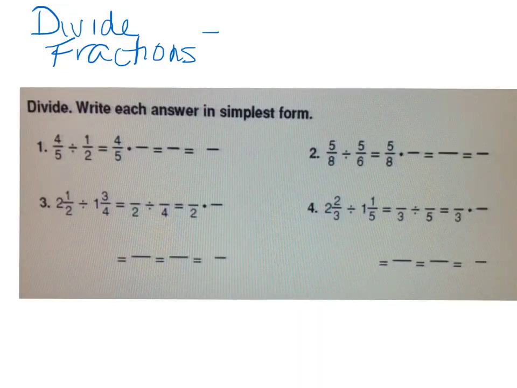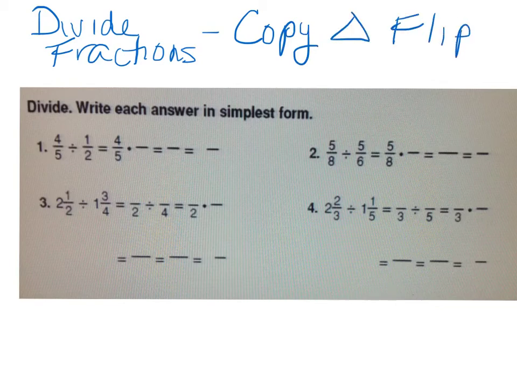All right, so when we want to divide fractions, remember we're going to copy, change, and flip. Copy your beginning number, change to multiplication, and take the reciprocal or flip the second number.